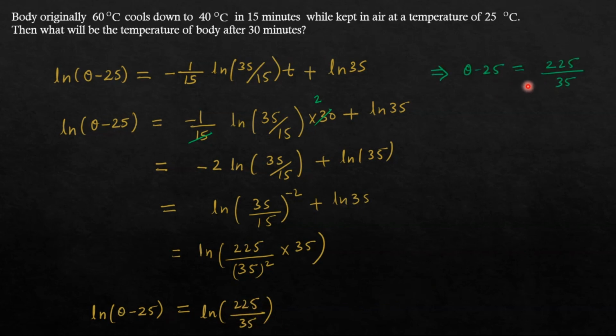The ln and ln get cancelled. So from here, theta is equal to 45 by 7 plus 25, which comes out to be 31.43 degrees centigrade. So after 30 minutes, the temperature of the body will be 31.43 degrees centigrade.